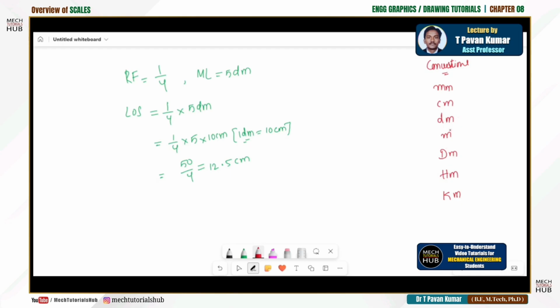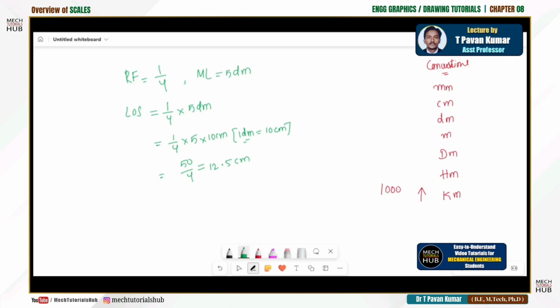In general, if I want to convert kilometers to meters, I multiply the number by 1000. Going from the top to the bottom, 1 kilometer to meter is 1, 2, 3 steps, which means 3 zeros, and that is how I do the calculation.